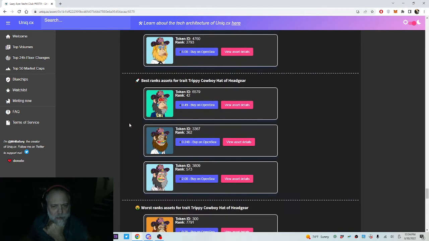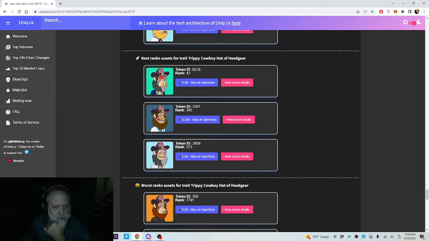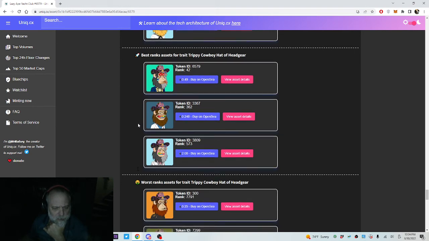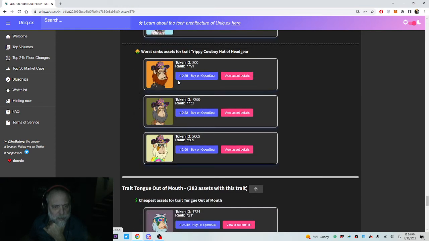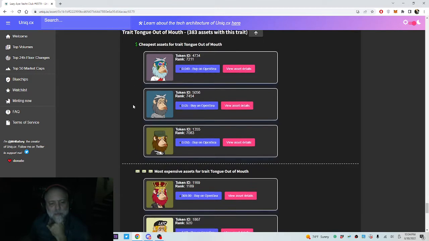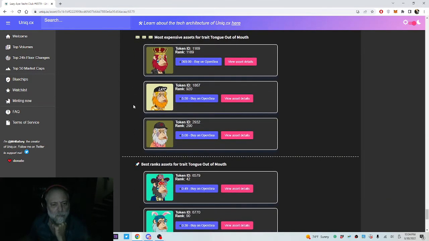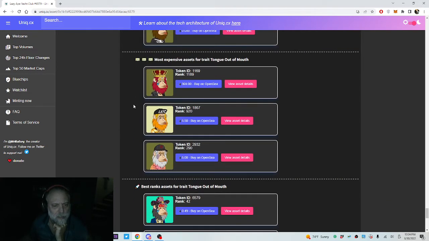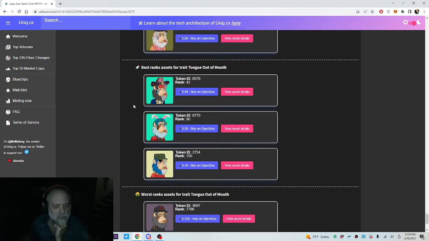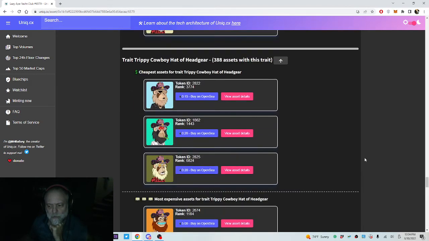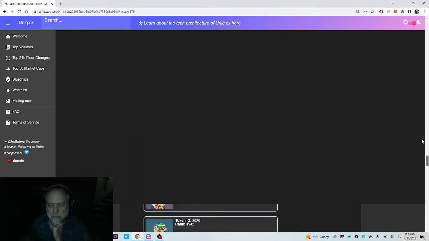Best ranked assets. There's your best ranked ones and how much it would cost you to get that one. Worst ranked ones and the prices. So it makes it really good if you want to break down into individual traits. And you can break them down into any one of the number of traits.